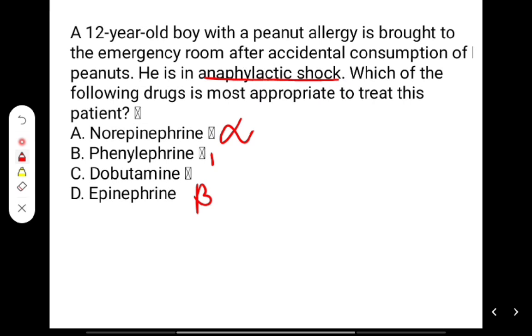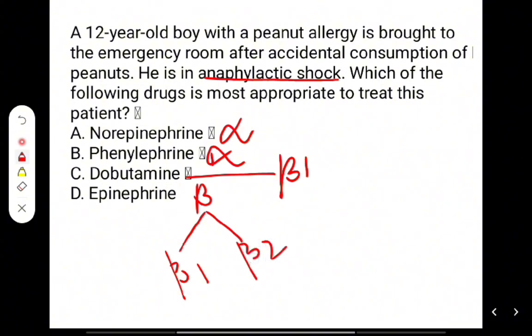Phenylephrine has predominantly alpha activity. And dobutamine mainly activates beta 1 and has no significant effects on beta 2. So epinephrine is a drug of choice in anaphylactic shock because it acts on both beta 1 stimulating the heart, and beta 2 dilating the bronchioles.